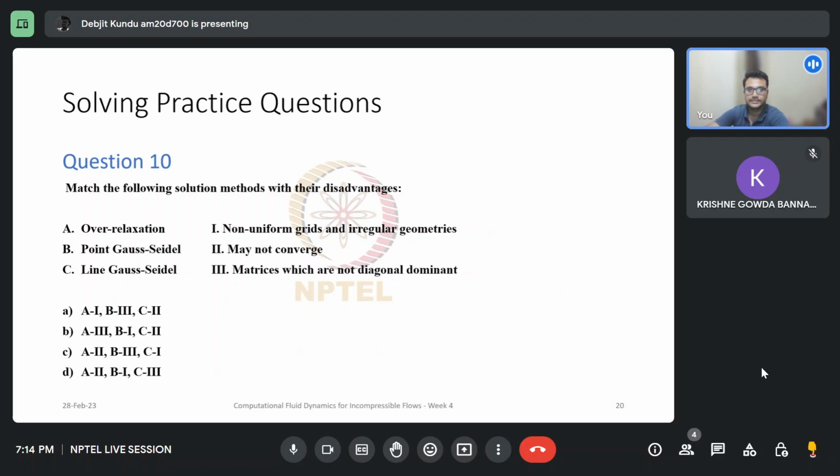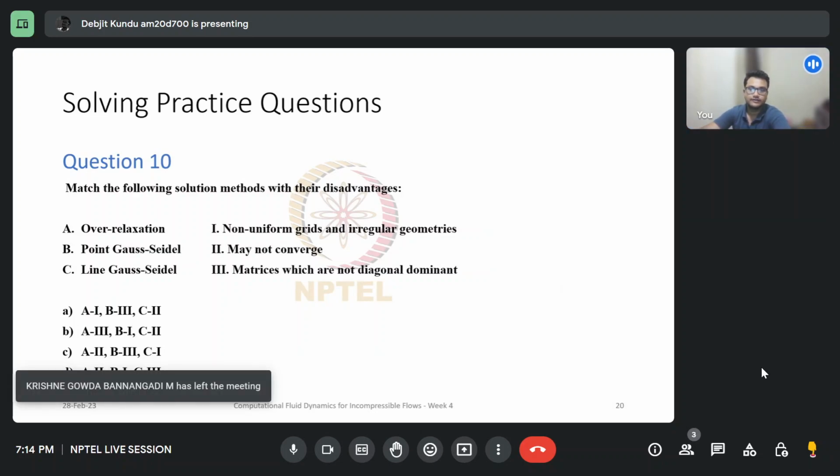This is question 10. This is a match the following type of question. There are two columns given here. On the left column, we have different solution methods, and on the right column, we have certain disadvantages. We have to match the solution method with their disadvantages.